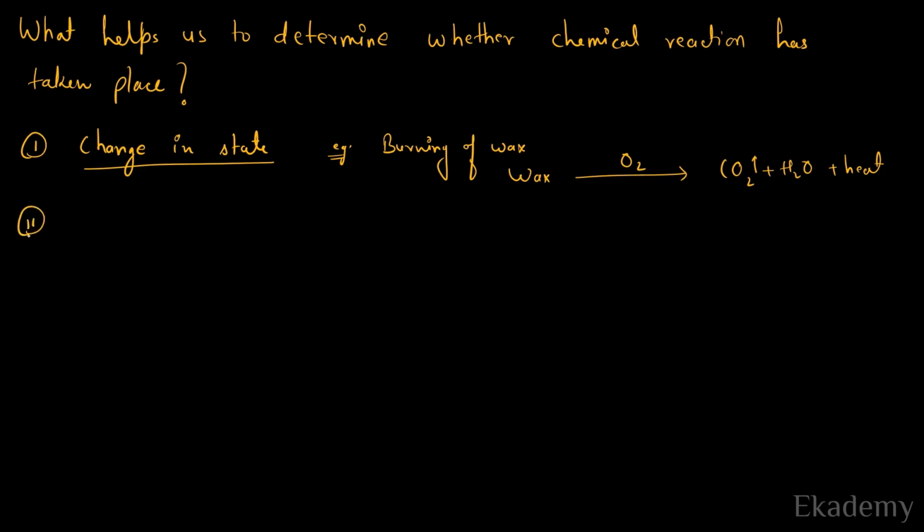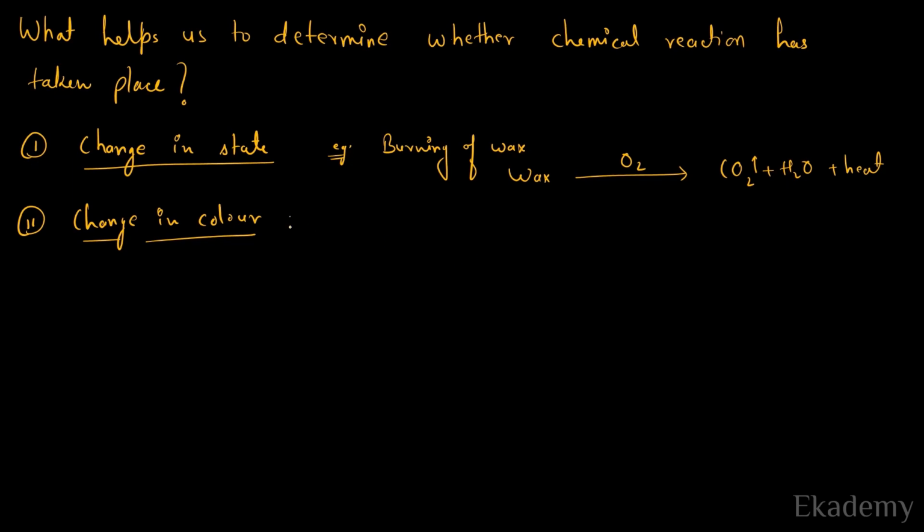The second parameter is change in color. We have already seen this in previous examples where lead nitrate combines with potassium iodide to form lead iodide, and we have seen that lead iodide is yellow in color, whereas the initial substances, lead nitrate and potassium iodide, were transparent.